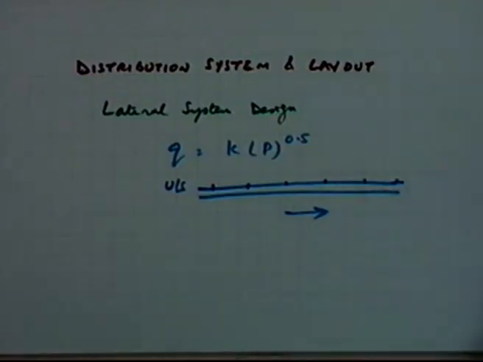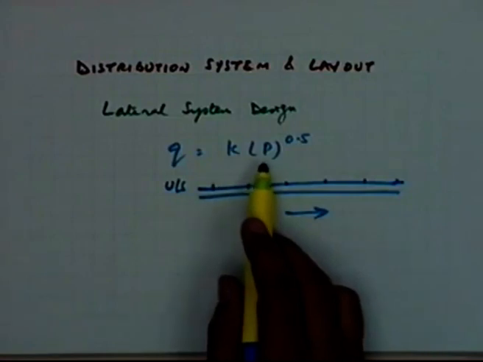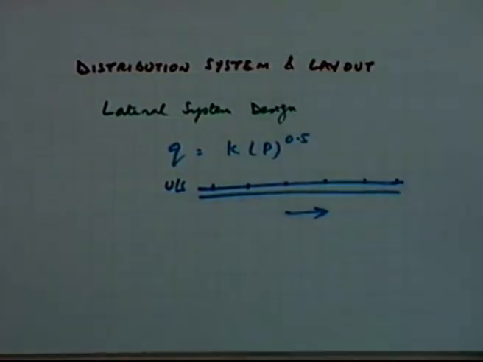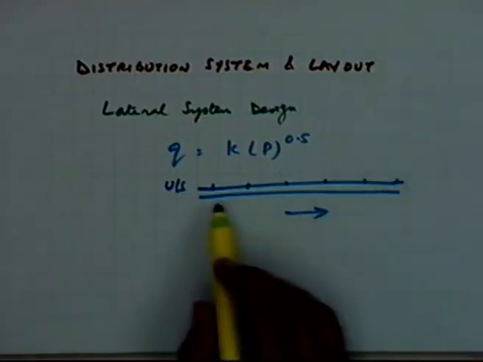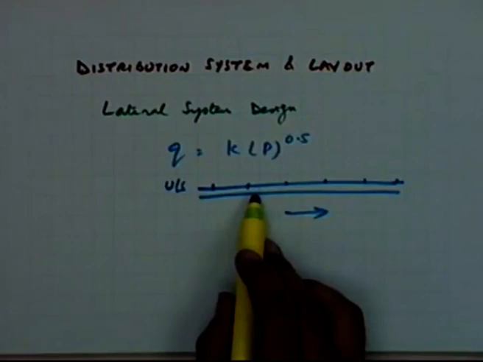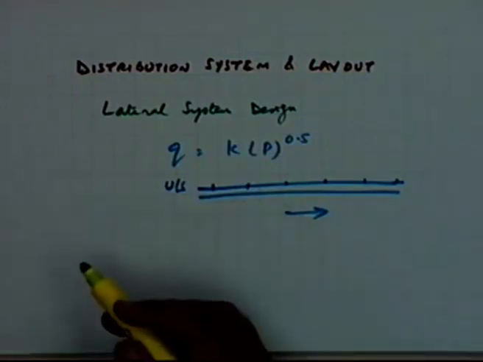And when we design a lateral, what will be the impact of that? If the discharge is not going to be the same, it's going to have impact on the efficiencies and the distribution pattern, because discharge is a function of the pressure, and the pressure is also going to reduce.